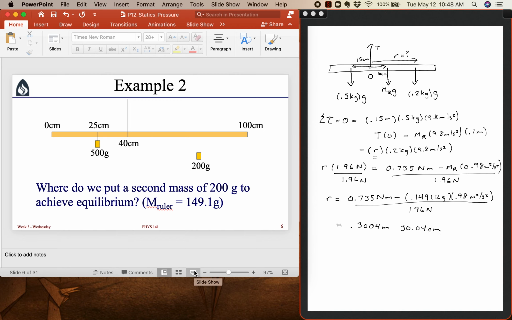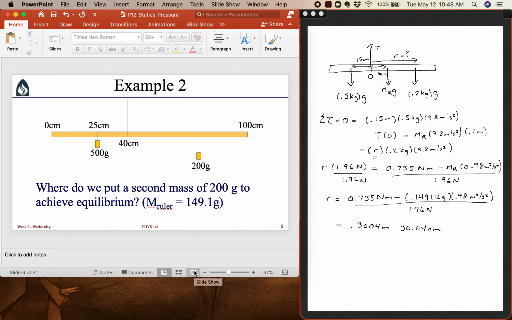So that means that this needs to be hung 30.04 centimeters away from where the string is attached. So what mark is that on the ruler?